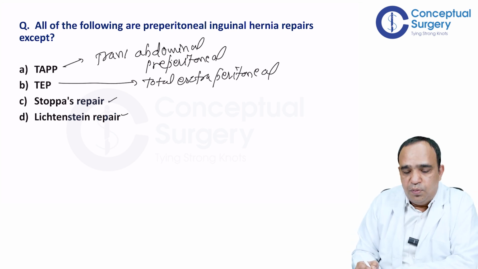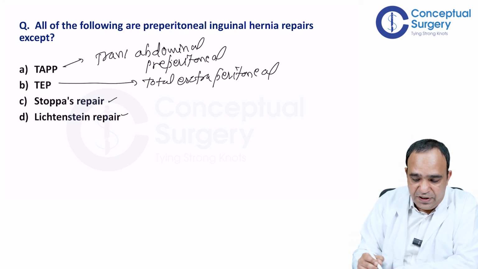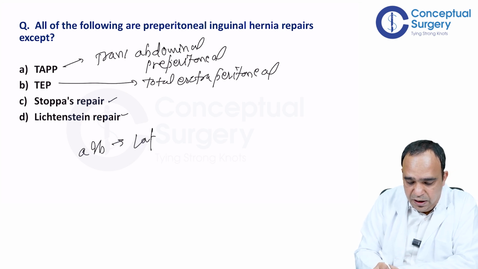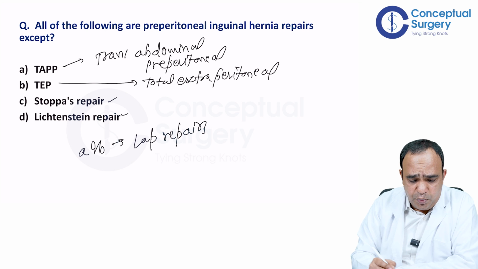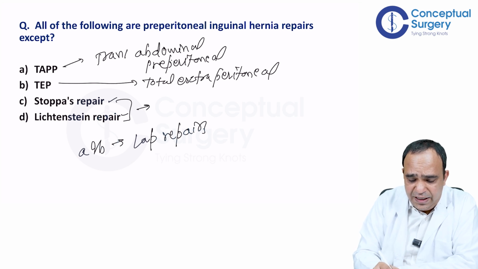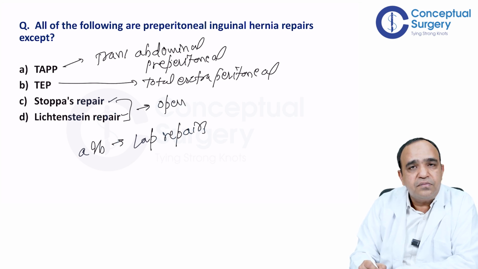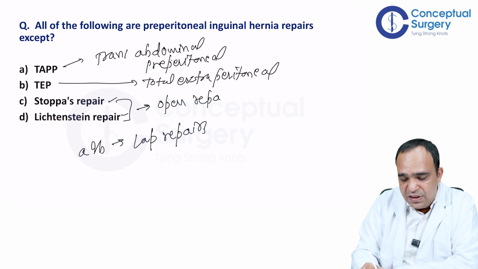First of all, what is common to all these and what are the differences? The first two, A and B, TAPP and TEP, are laparoscopic repairs of inguinal hernia. Stoppa's and Lichtenstein's are open surgeries.